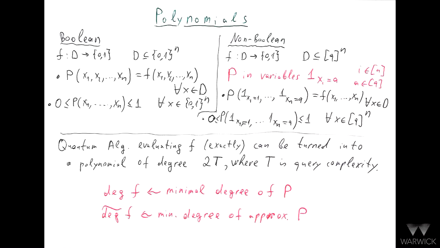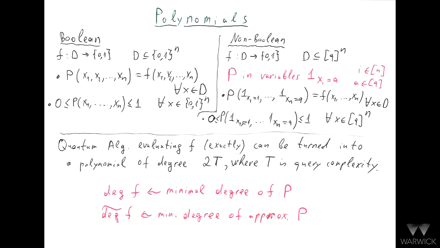Another idea is to put it inside a different polynomial so that it is bounded between 0 and 1 for all values of n. The problem is that there is no such polynomial. Essentially, the best known polynomial is a Chebyshev polynomial, and it has degree roughly square root of n, so we're not getting anything here.